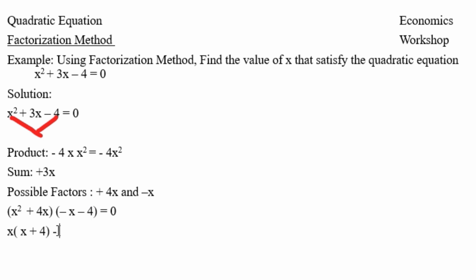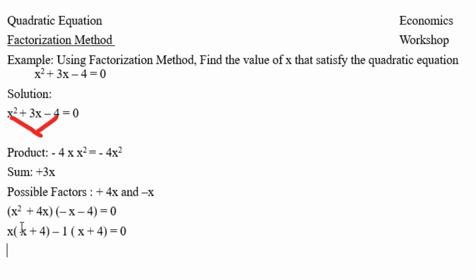So we have minus 1, open bracket x plus 4, and that is equal to 0.